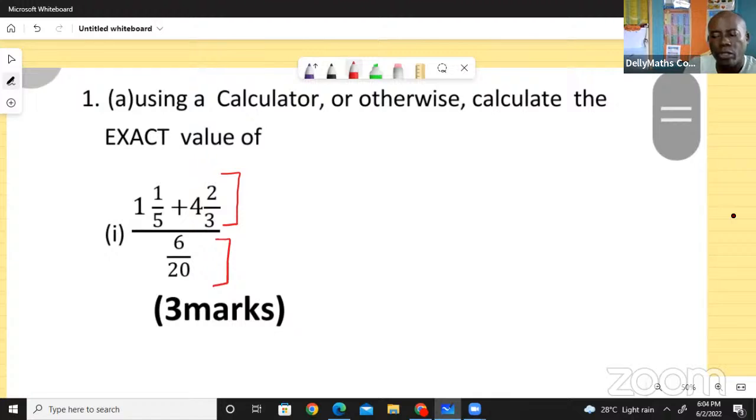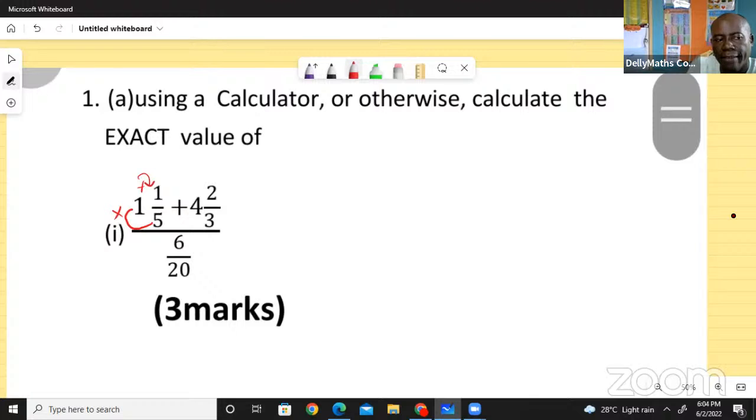But normally what we do is to convert all our mixed numbers. We want to convert our mixed numbers to improper fractions, then we start. So we want to convert everything first. So let us convert the top piece, as you could see. When you convert from mixed number to improper fraction, you multiply the denominator by the whole number, and then you add the numerator, and you put that over the denominator.